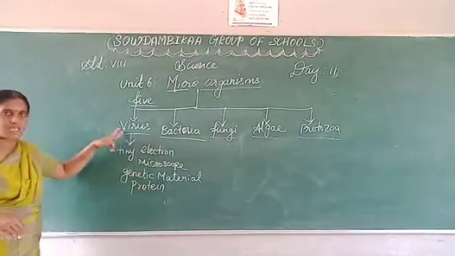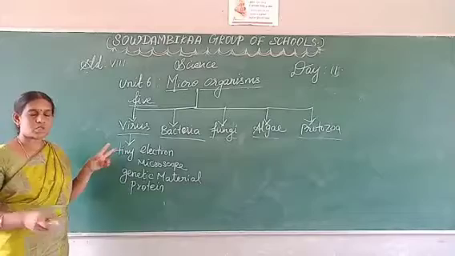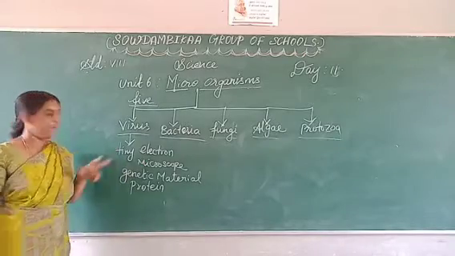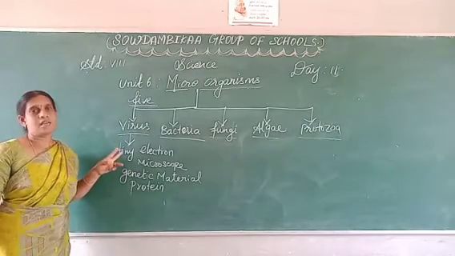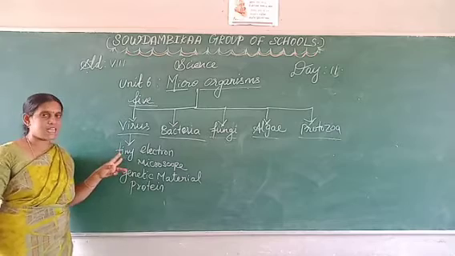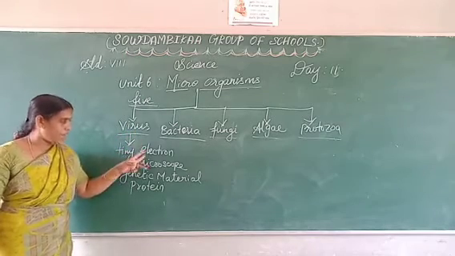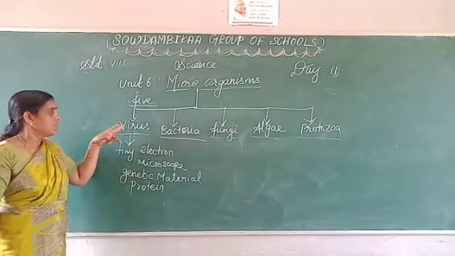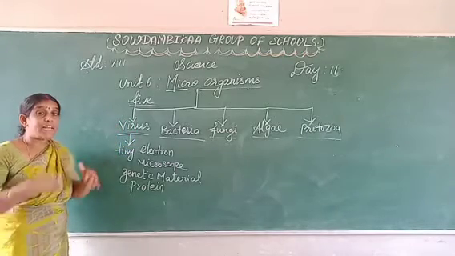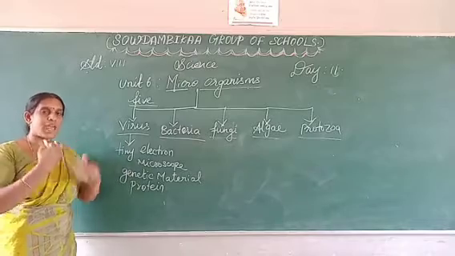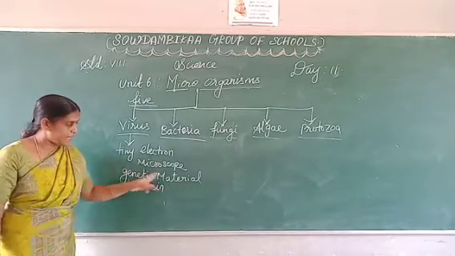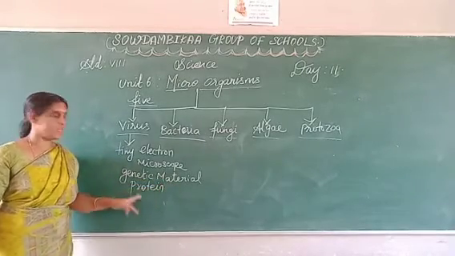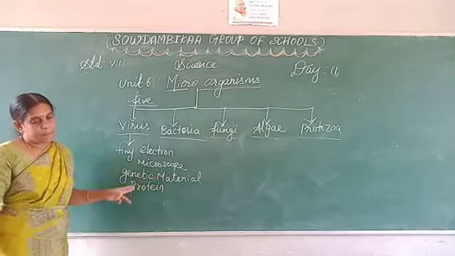So the virus is a very teeny particle. It is too small, so with the help of an electron microscope only we see the virus. The virus is made up of genetic material and protein.